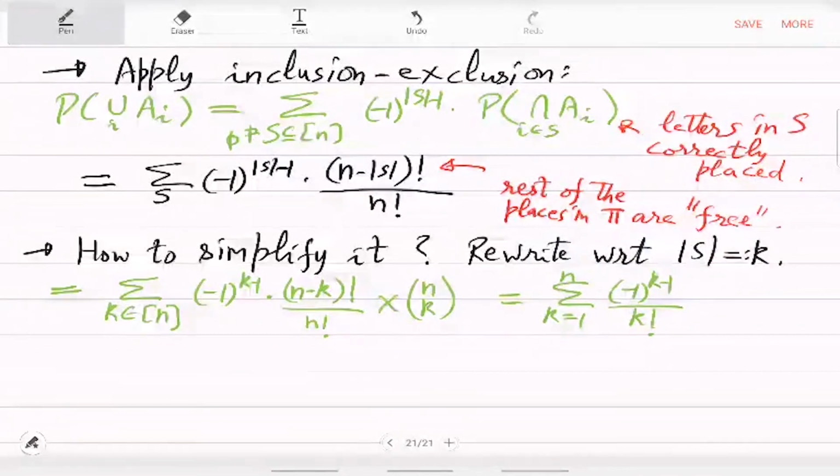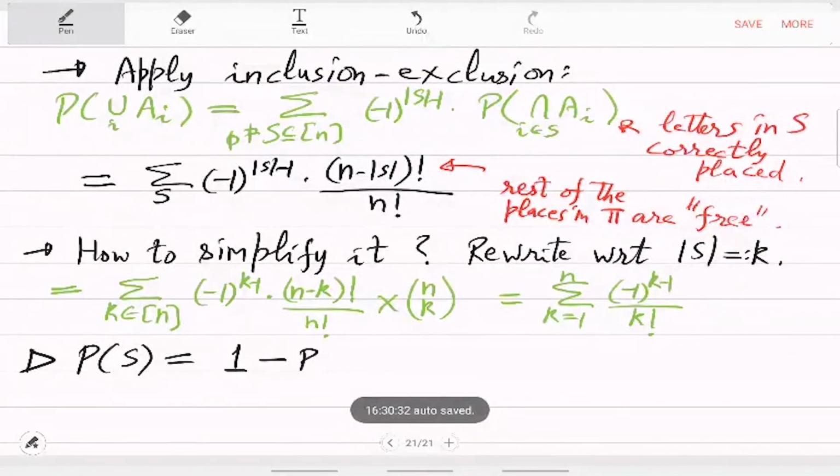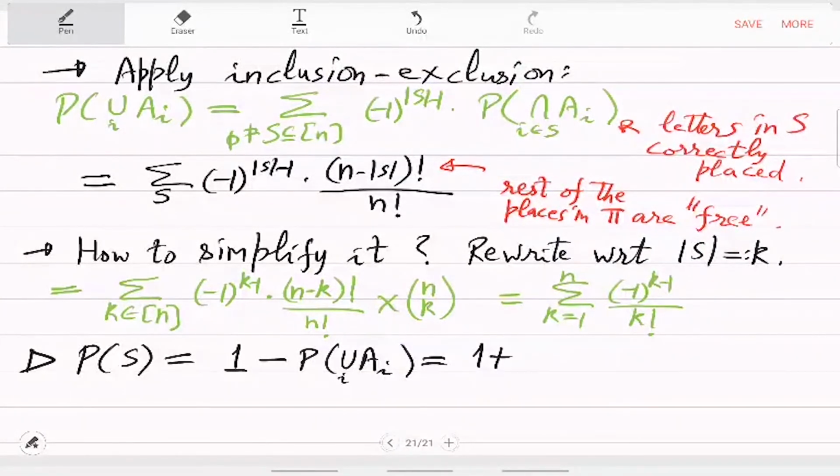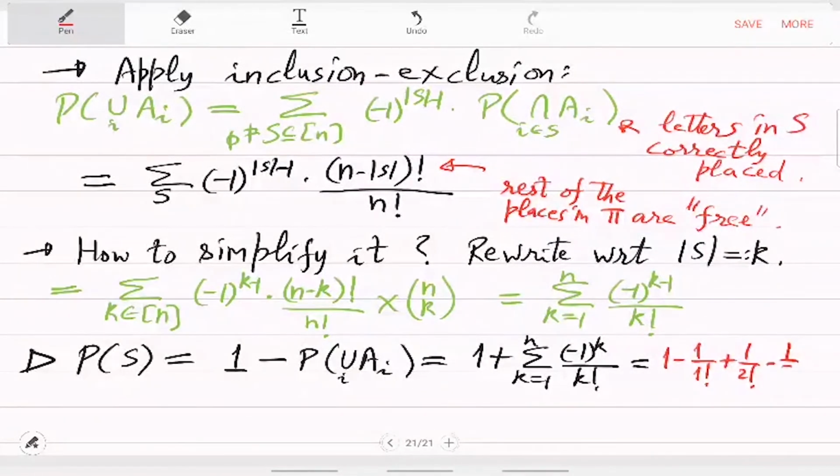So you get that the probability of S is equal to 1 minus this thing, which comes out to be 1 plus the sum from k equal to 1 to n of (minus 1) to the k over k factorial, which is equal to 1 minus 1 plus 1 over 2 factorial minus 1 over 3 factorial, and so on.